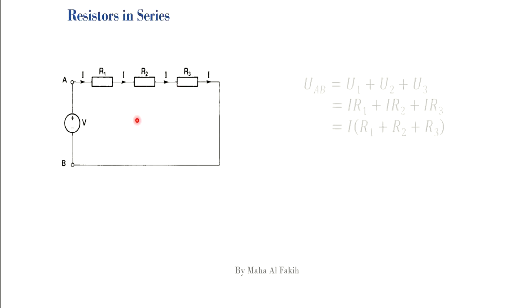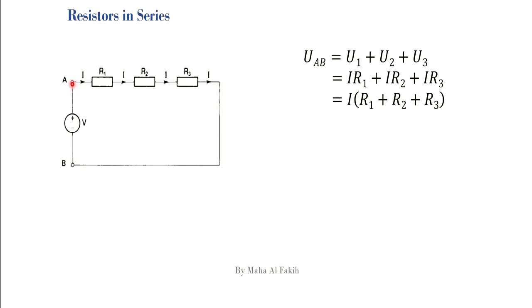Now let's write some equations. If we need to look at the voltage between the points A and B, which is UAB, we can look at the circuit in this direction, where UAB is equal to the voltage across the voltage source.